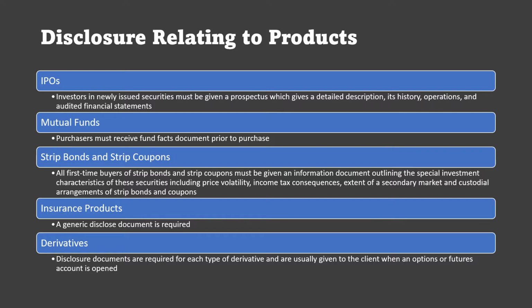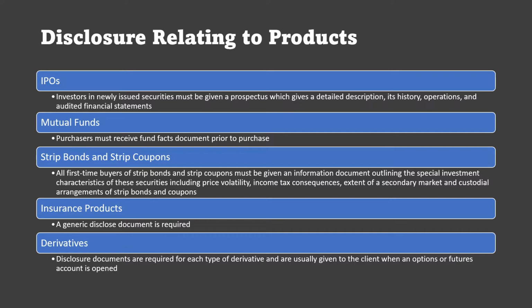For mutual funds, purchasers must receive the fund facts document prior to purchase. For strip bonds and strip coupons, all first-time buyers must be given an information document outlining the specific investment characteristics, like price volatility, income tax consequences, etc.